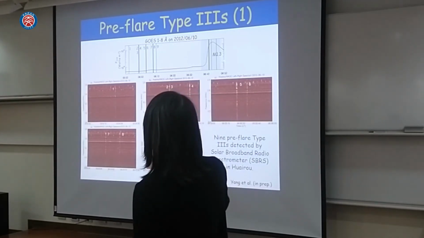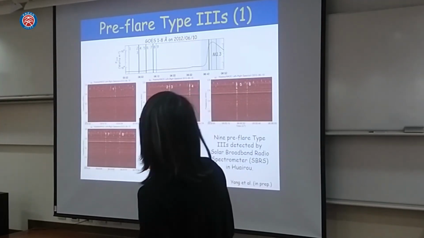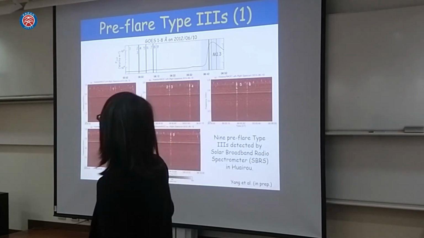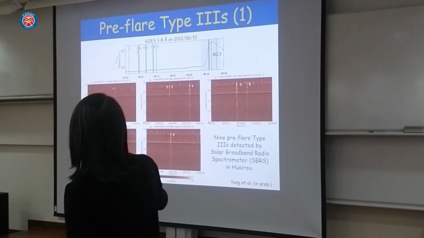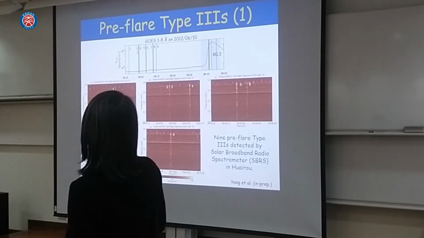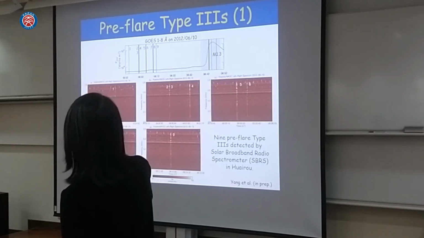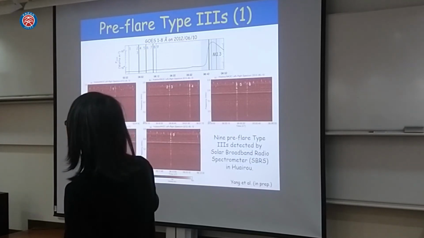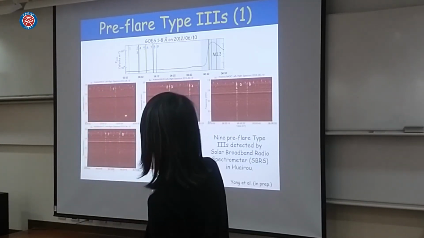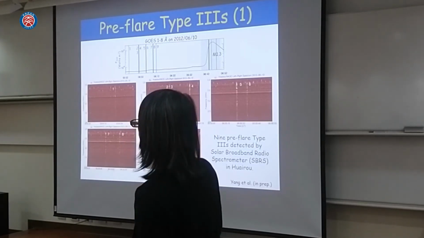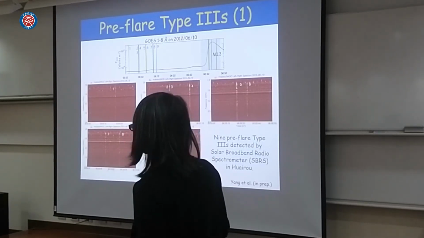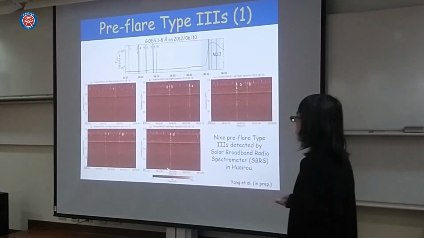So here is an anchorage flare, and we detect 9 pre-flare type 3 bursts, maybe half an hour before the flare. Here shows the radio spectrum for one pre-flare type 3. Not so strong, but it is still good.